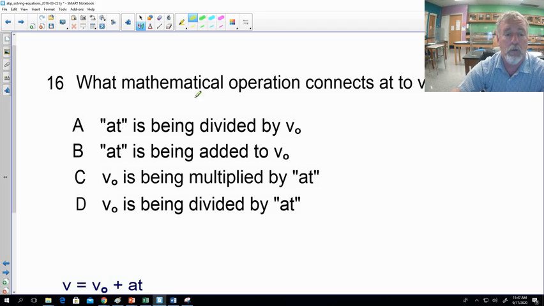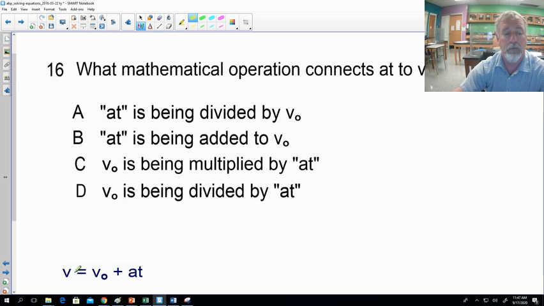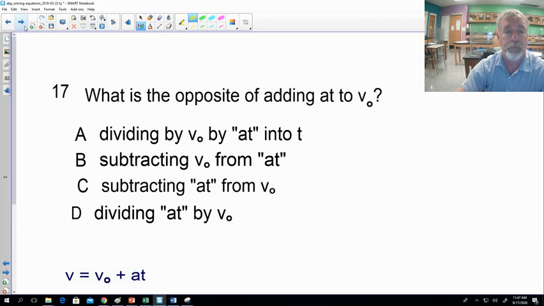And again, if we look at our formula here, V equals V0 plus AT, we see that AT is being added to V0. Okay, so we're just looking at V0 today for the beginning of this lecture, and how is it put into the formula? And here we have that the AT is being added to our V0.